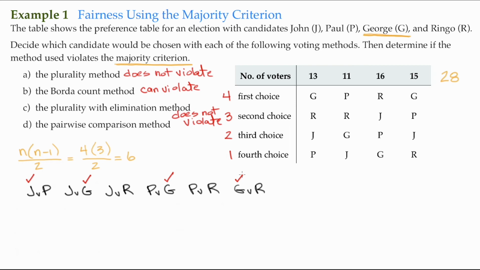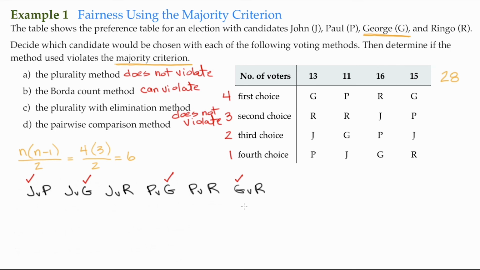So we can see that George has 1, 2, 3. He's got 3 points. So it isn't possible for anybody else to get more points than 3 because George beats John over here, even though John gets a point here, but he loses to George. So George is going to be the winner.